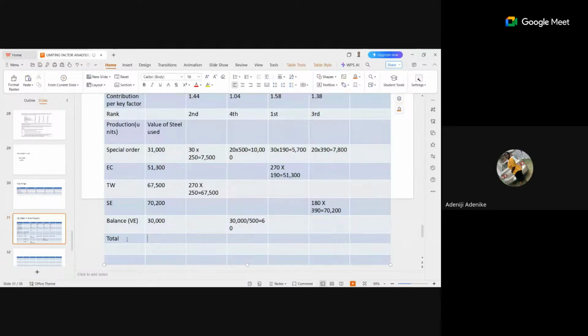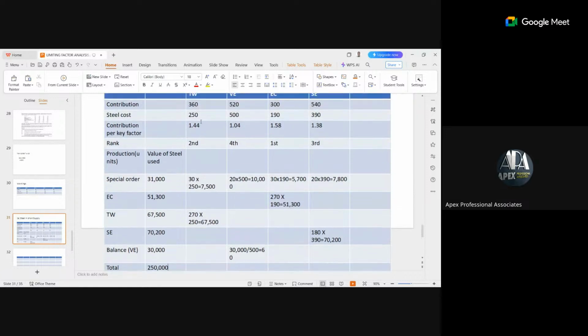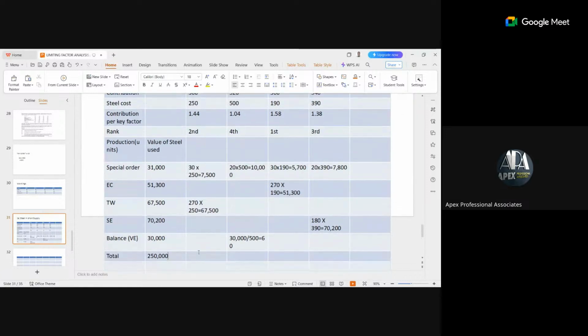So when you add all this, you have a total of what? Total. We have 203,000. For TW, how many steel can you produce? 300 steel in total. For this, we can produce 60. 80 steel. Good.